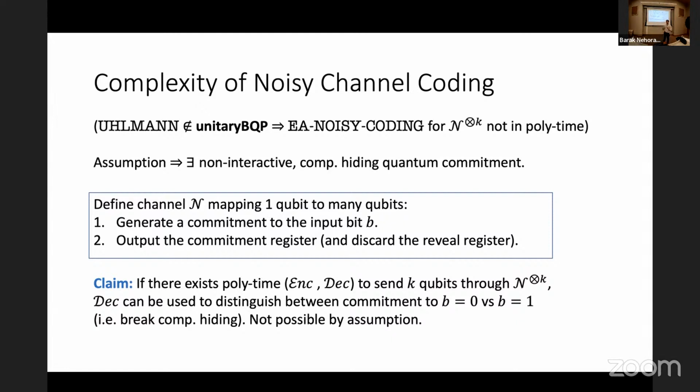I don't know what computational assumption you need to assume so that achieving capacity is doable in polynomial time. The channel is efficient and you can convert it, whatever this model is.